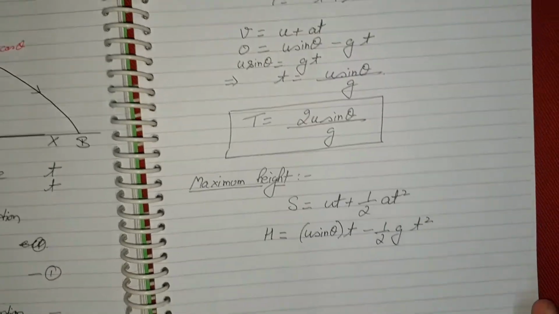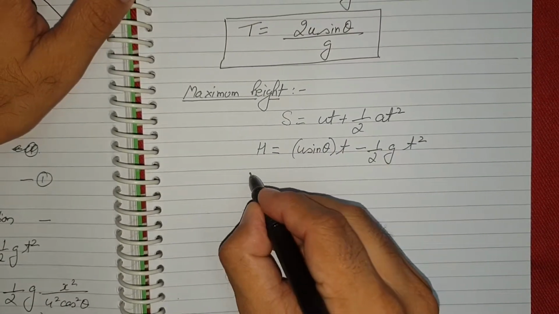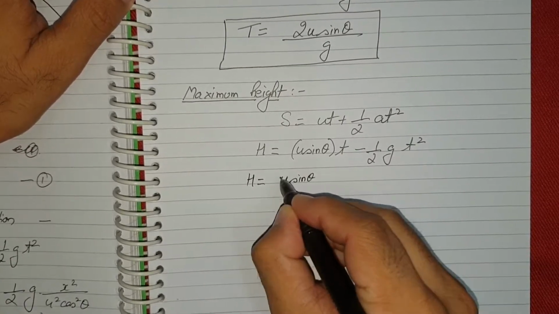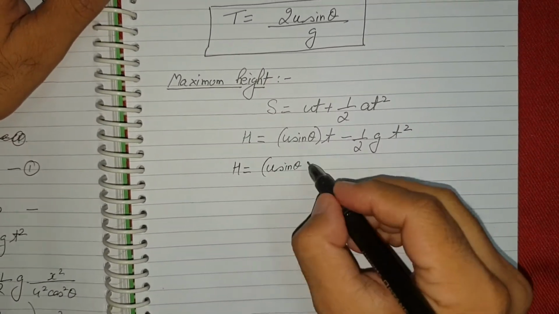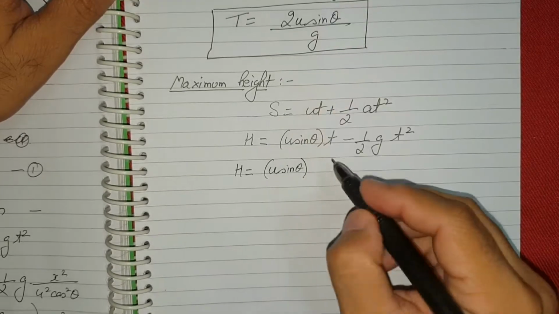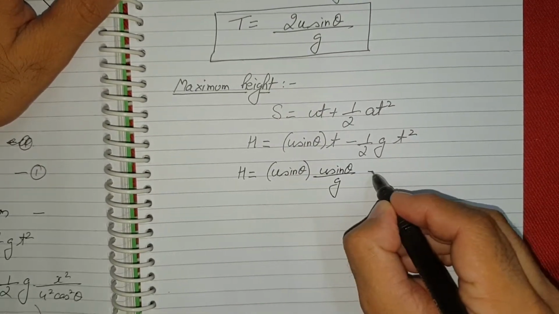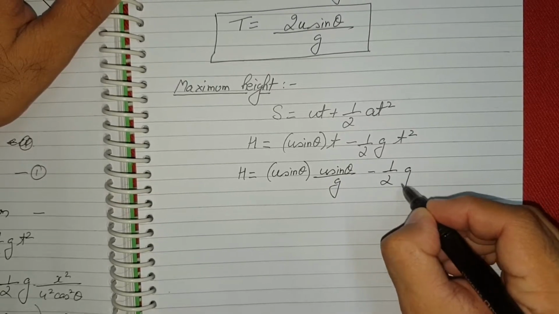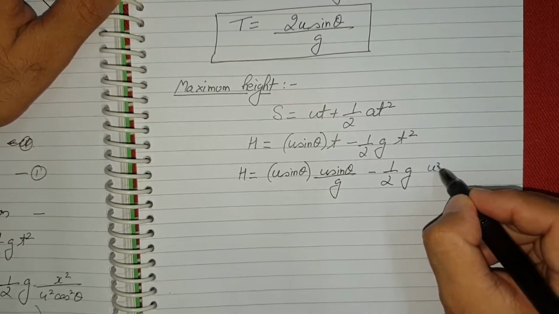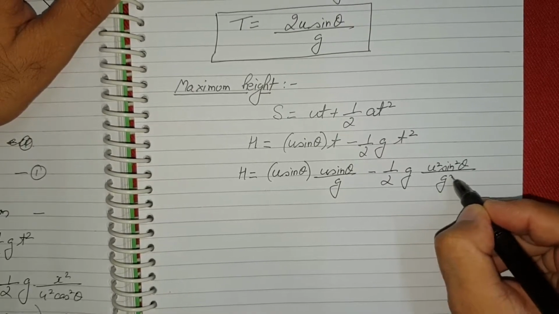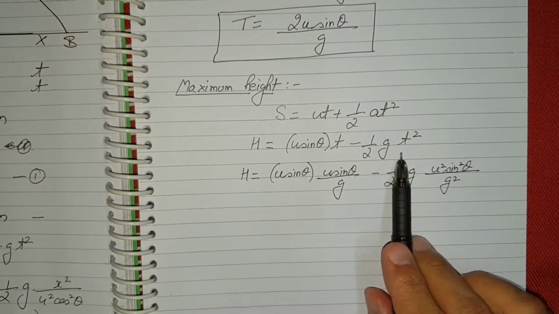Now h equals u sin theta into t, where t is u sin theta by g, minus half g into u square sin square theta by g square, because this is t square.